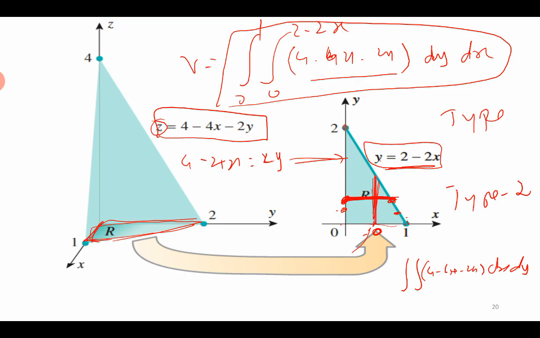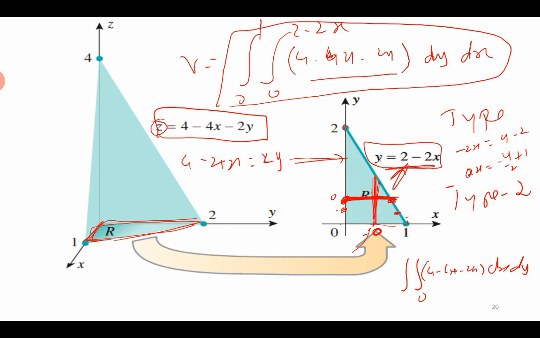Its lower limit is x is 0, so x is 0. For the upper limit on this line, find x from here. Minus 2x is y minus 2. So x is minus y over 2 plus 1, isn't it? So we can write this one: 2x is 2 minus y.